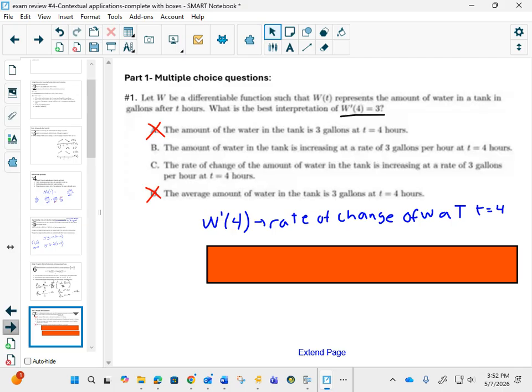The amount of water in the tank is increasing at a rate of 3 gallons per hour. Well, this is the rate, so this matches up. Is it increasing? How would we know?